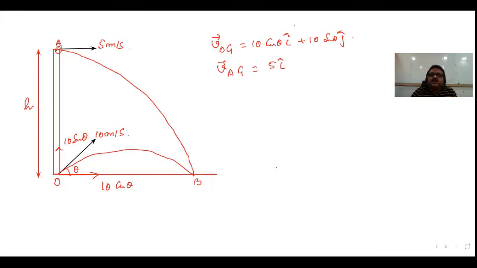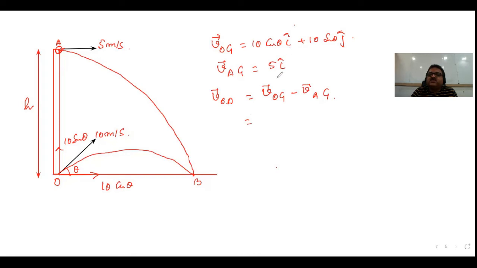Okay. Now what I'm doing here, keeping A fixed and trying to find out the motion of O relative to A. So I'm writing like this: velocity of O with respect to A. What is that? That is the velocity of O with respect to ground minus velocity of A with respect to ground.